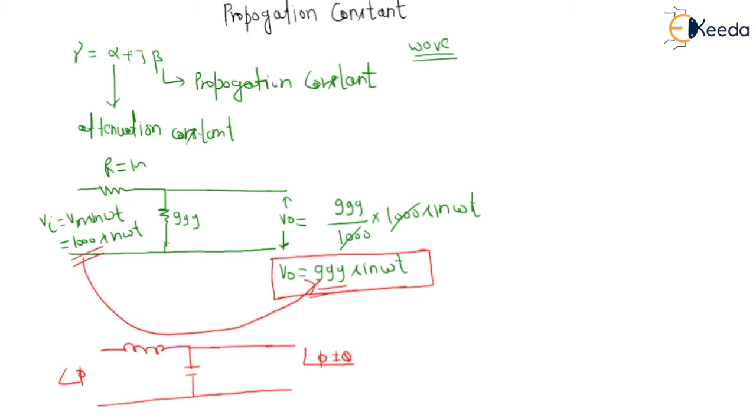So this is treated as the phase constant, and this is treated as the attenuation constant. So when the voltage wave or current wave travels in the transmission line, attenuation as well as phase shift happens.